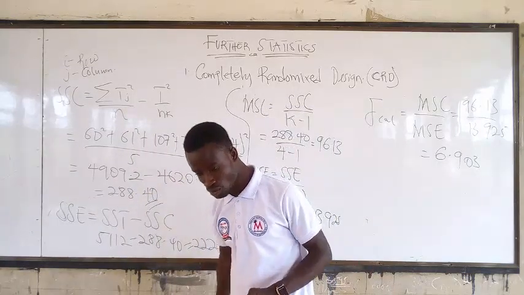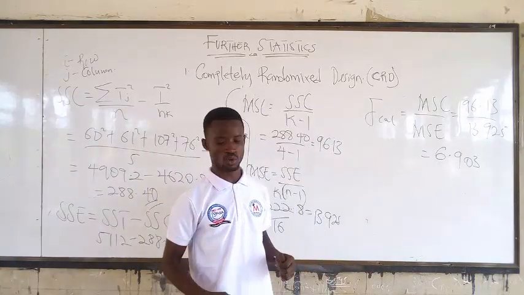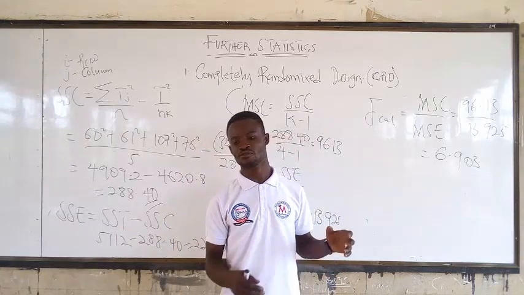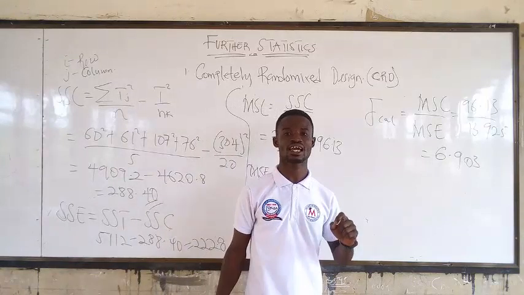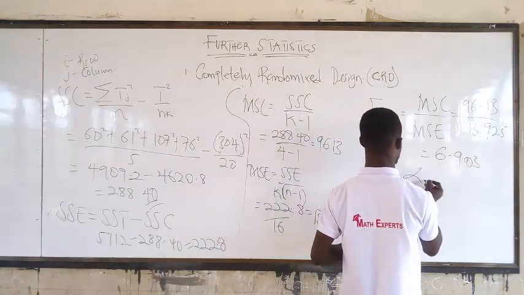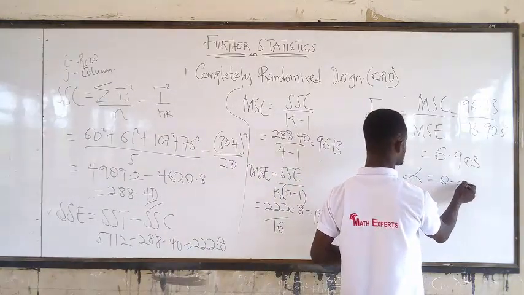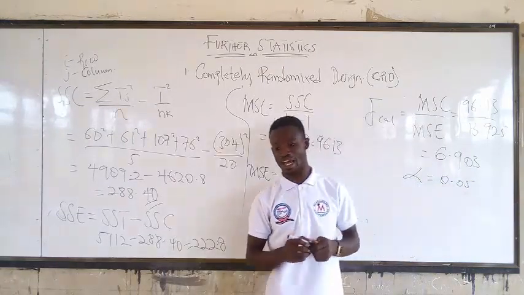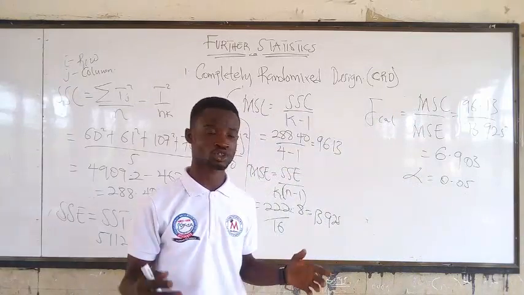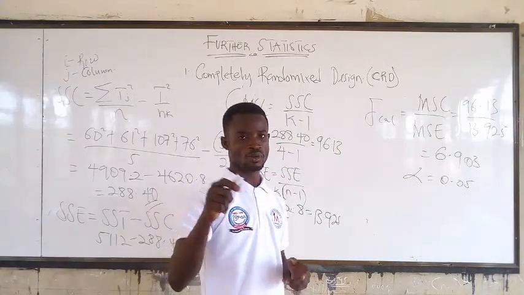So now, from the F table, we know that we are using the alpha level of 0.05. It's so unfortunate that I don't have my F distribution table here, but I hope you have your own.